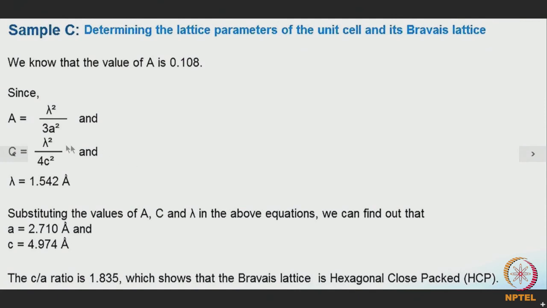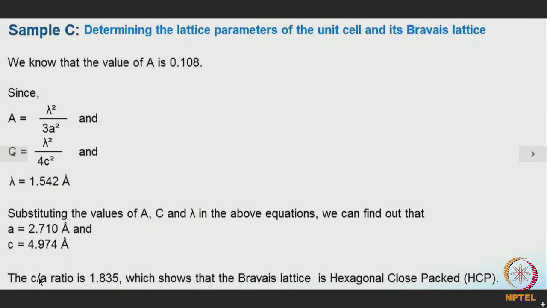Since capital A is lambda square by 3 a square and capital C is equal to lambda square by 4 c square, and the lambda, the wavelength of the radiation we used, was 1.542 angstrom, substituting all those values in the above two equations, we find A, one of the lattice parameters, as 2.710 angstrom, and C is equal to 4.974 angstrom.